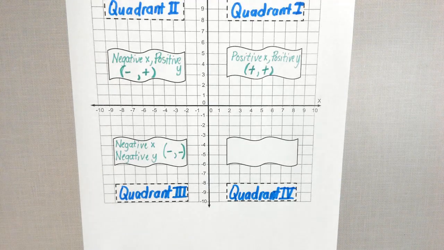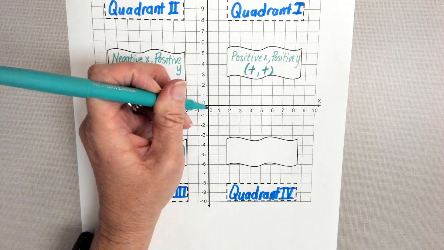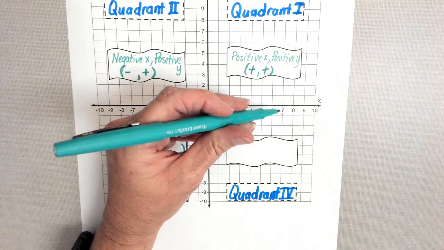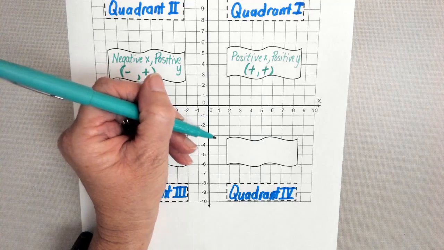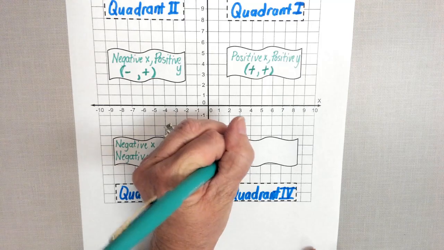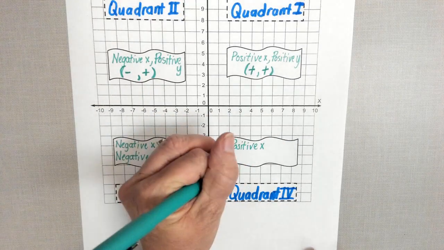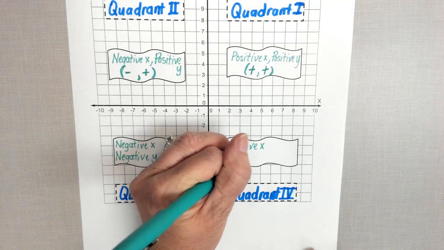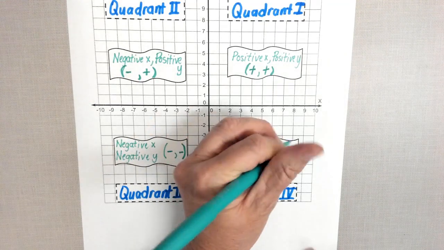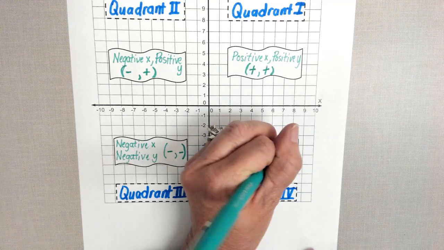And so again, if we're starting with our origin and we travel on the x value, this time we have a positive x partnered with a negative y. So that ordered pair would be positive, comma, negative.